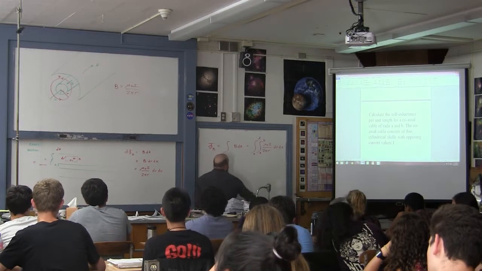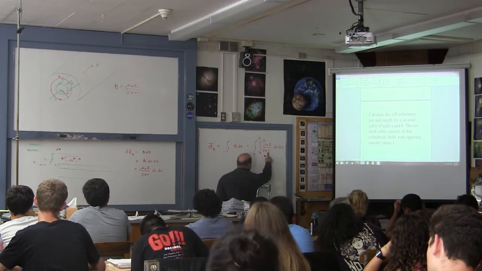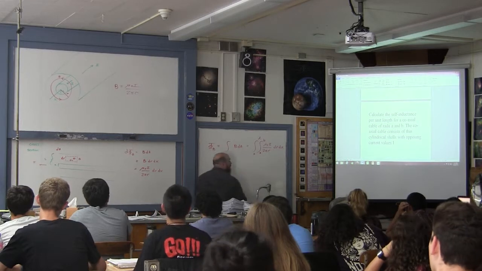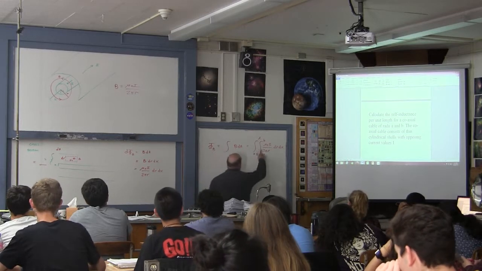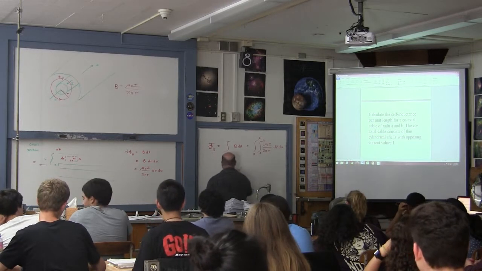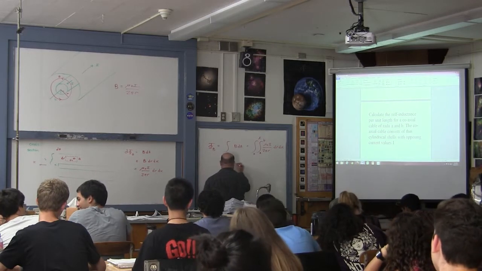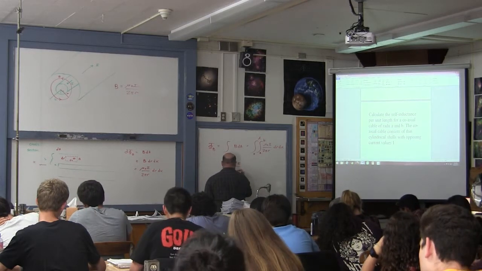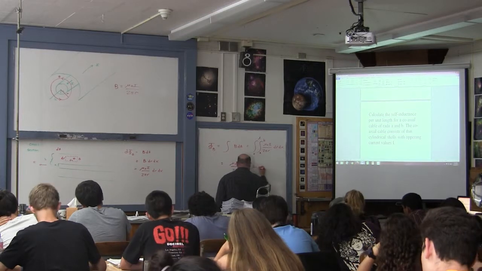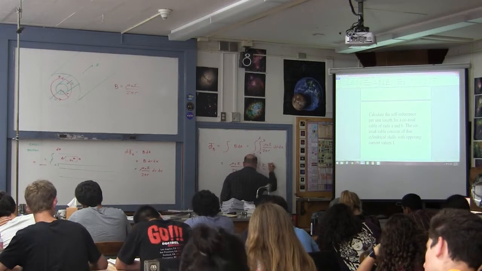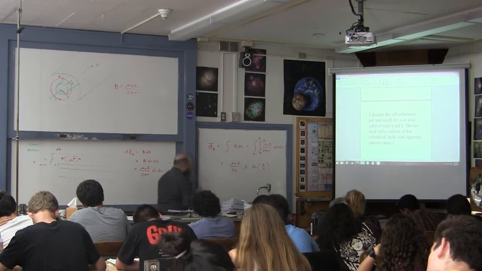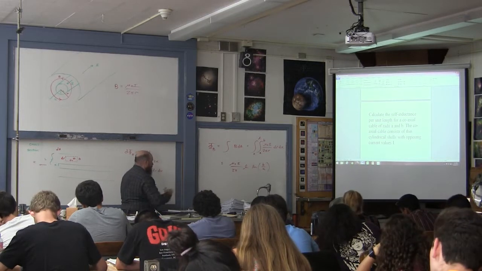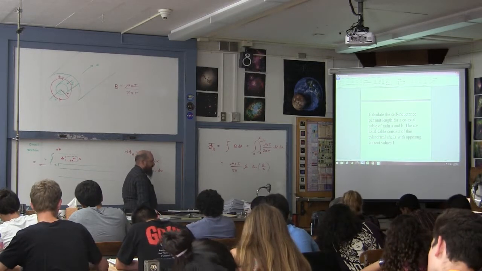L. Okay, integral of 1 over r dr is the natural log, natural log of b over a. Now this is the bulk of the calculation to find the self-inductance.